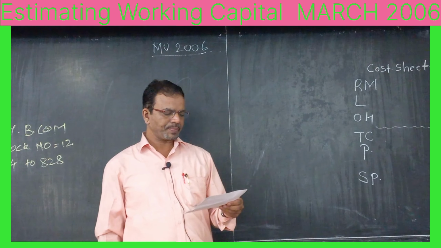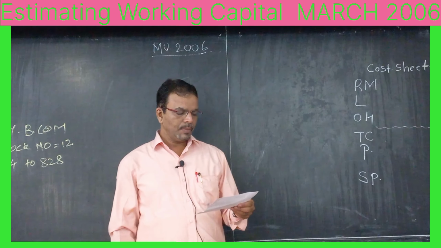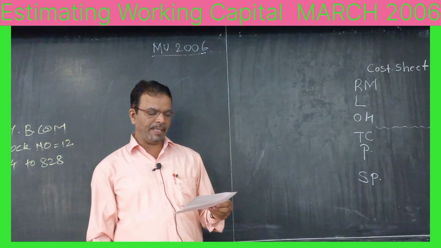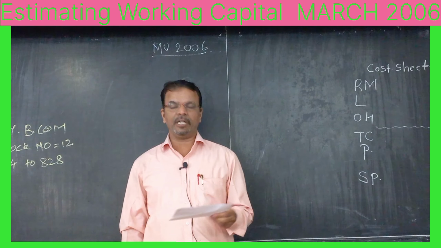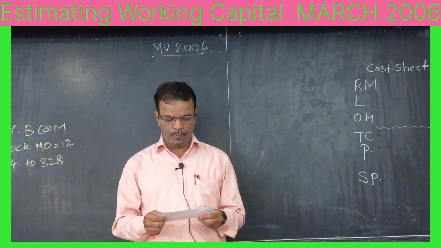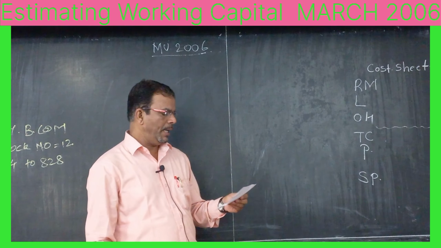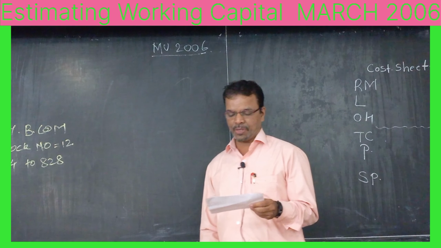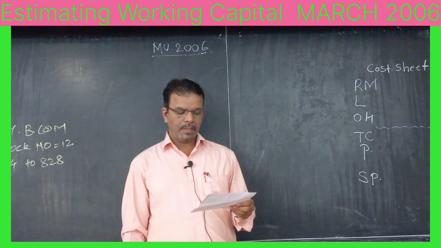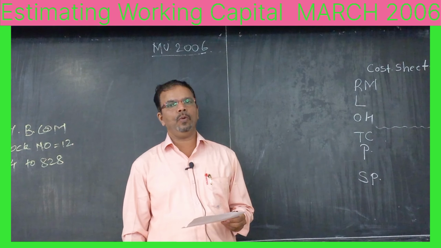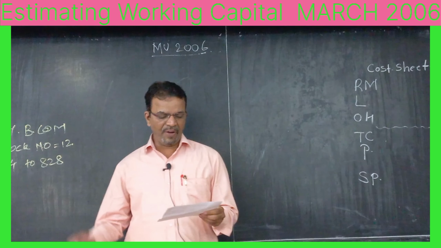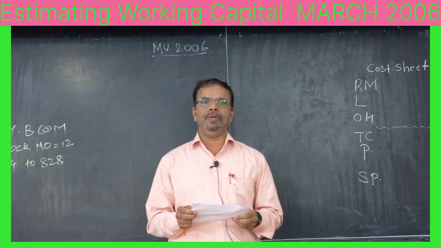The question says the following data is provided by Tata Limited, from which we must estimate the working capital requirement for the year ended 31st March 2022. First, the estimated activity operation for the year is 5,20,000 units, and 52 weeks is given. So we will find out the per week unit.